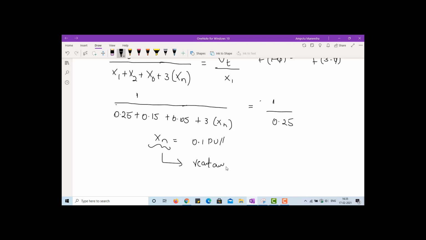So we need to find the Z base. Z base is given by kV square by MVA. So kV it is 30, 30 square by 50. That is equal to 18 ohms.